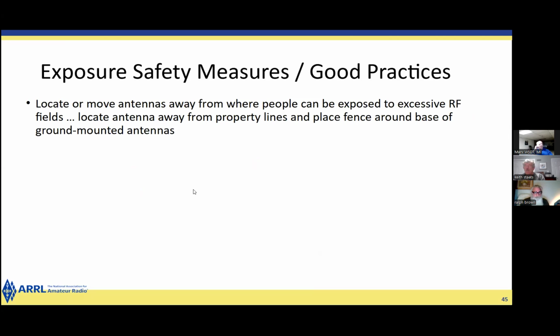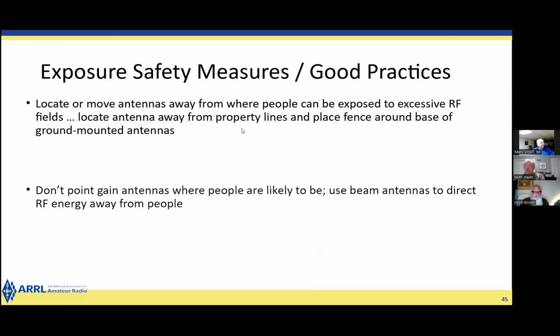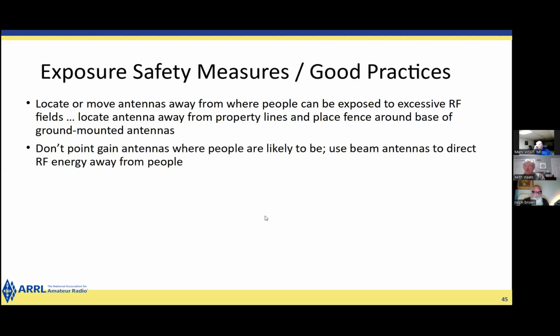So what are good practices for safety measures? Choose, locate or move the antennas away from where people can be exposed to excessive RF. Locate the antennas away from property lines and place fences around bases of ground-mounted antennas, like a vertical. And don't point gain antennas where people are likely to be. Use beam antennas to direct RF energy away from people.